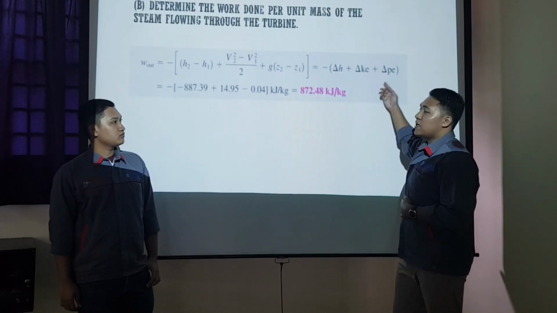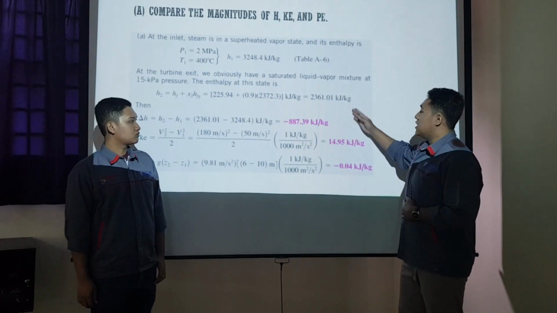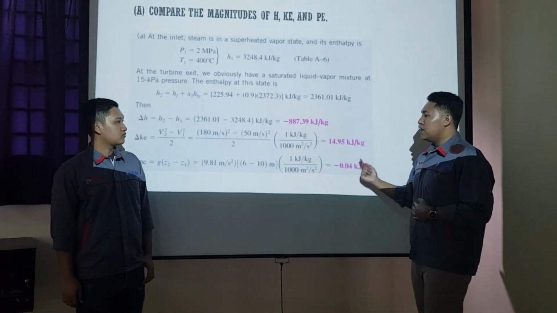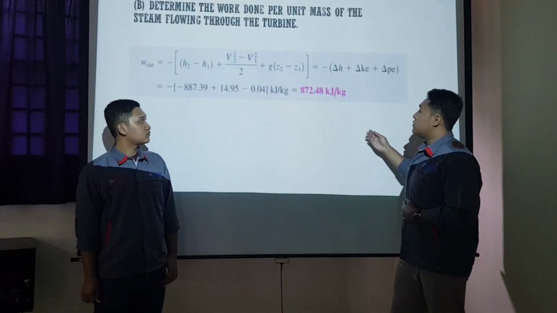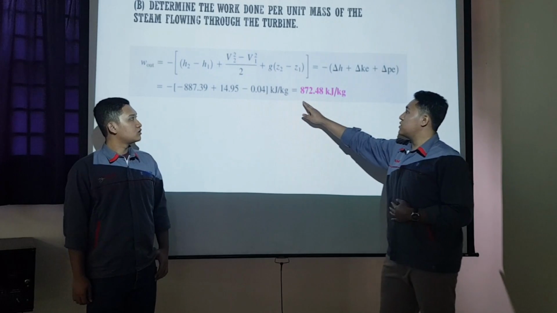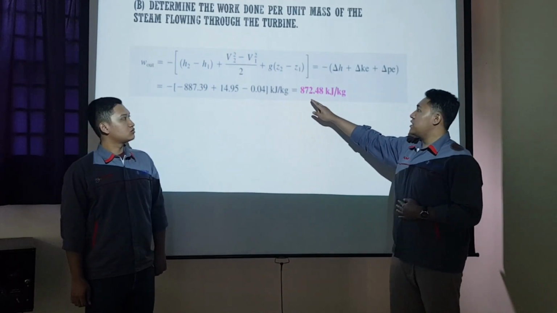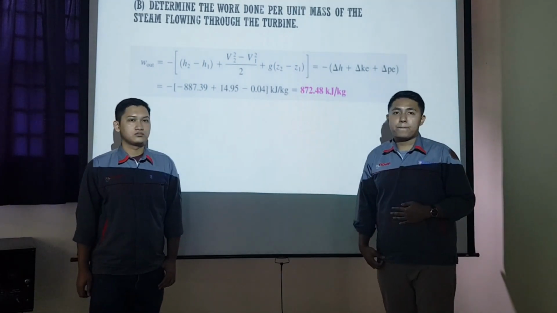These three we can get from the answer from A. We substitute the values in here, and we can get the work done, which is 872.48 kilojoule per kilogram.